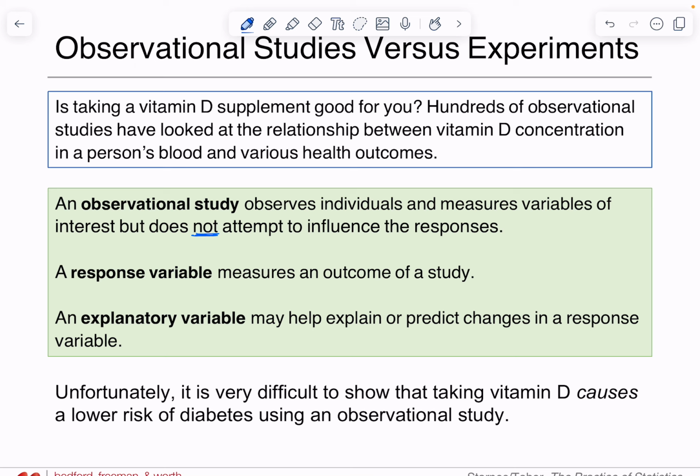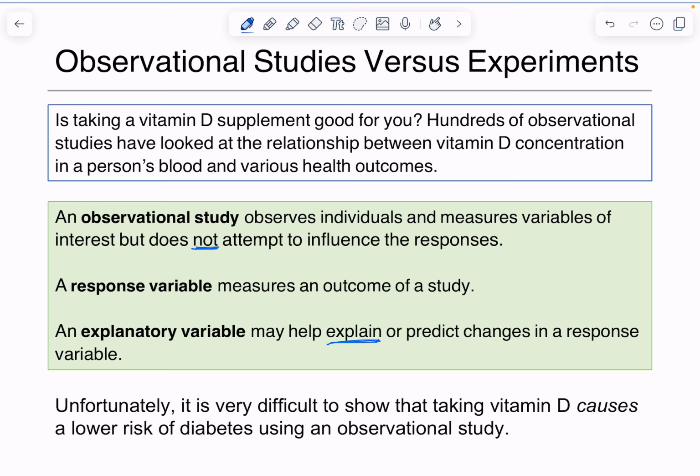Response variable will be what's coming out of the study, and you're hoping the explanatory variable explains what happened in the response variable. Okay, so just like those scatter plots that we had, observational studies do not show causation. Observational studies just show that there might be a correlation. You don't know if something causes the other.